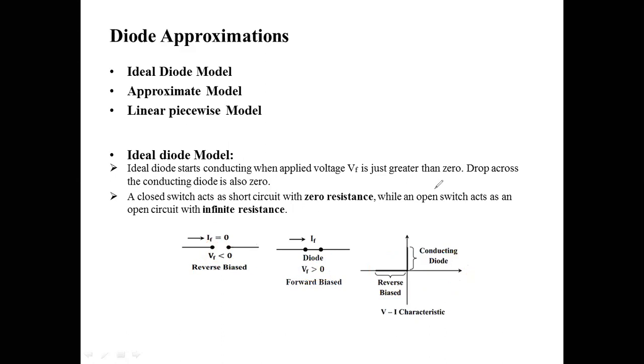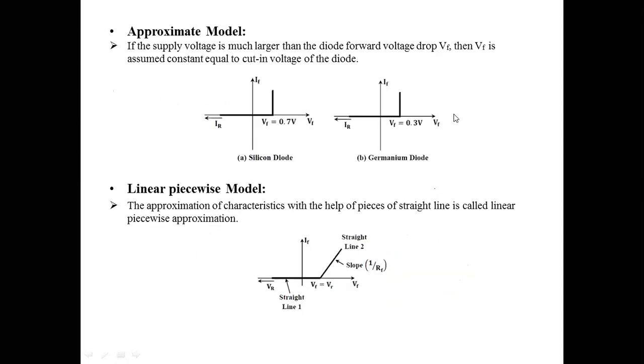Now let us move to the approximate model. The approximate model means they consider it not an ideal diode but a practical diode, meaning it requires some voltage to turn on. In that case it is approximated with two lines, where only the threshold voltage is considered.